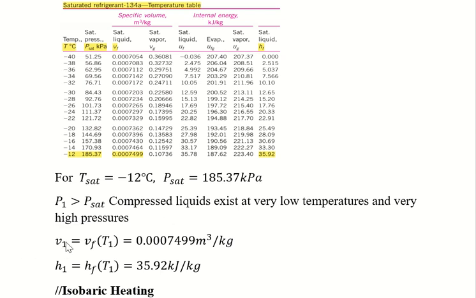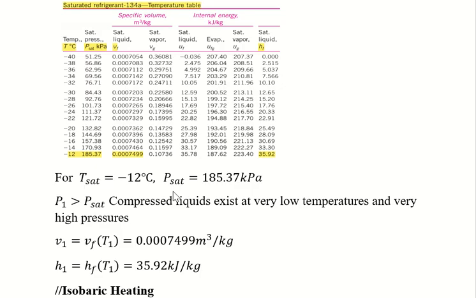So V1, let me go over that again. Normally, after finding out what phase the substance is in, you would go ahead and use that specific table. So if it was water, we would go to the compressed water table at that temperature. But in this case, we're not doing that because we do not have such a table of a compressed liquid for refrigerant 134A.